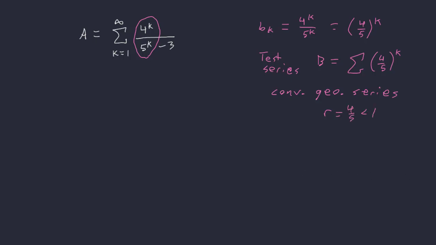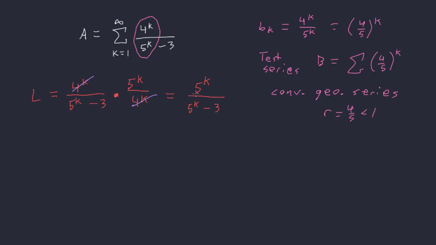Okay, so my L will be the terms of A, all right, then multiplied by the terms of B flipped over. So that will be 5 to the k over 4 to the k. Right off the bat, this 4 to the k cancels, and so this equals 5 to the k over 5 to the k minus 3.